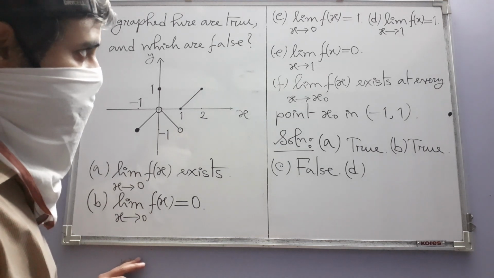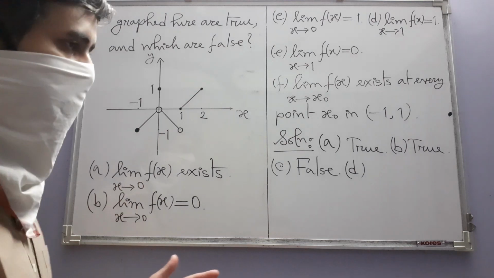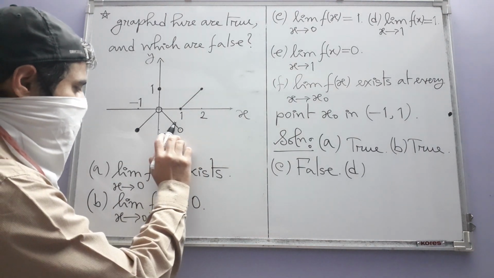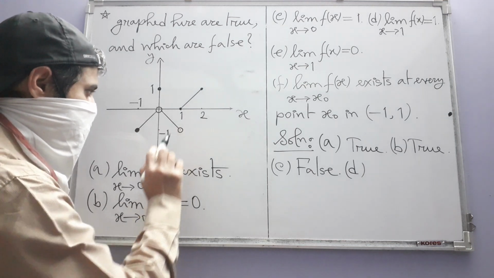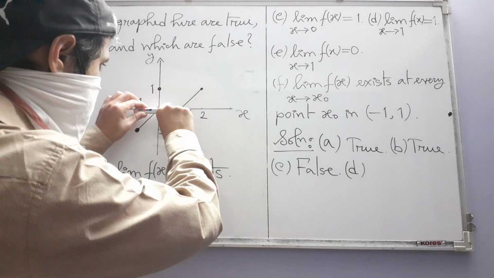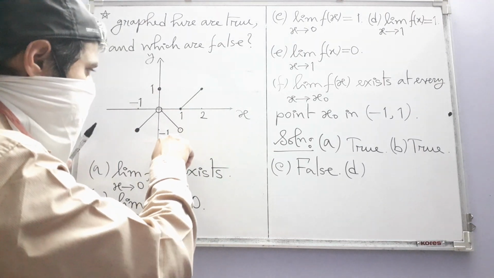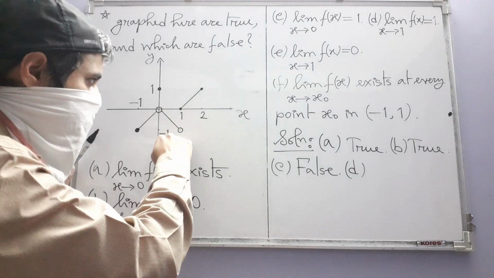Does the limit exist? Here x is approaching 1. That can happen in two ways, either from the right side of 1 or from the left side of 1. Now as x approaches 1 from the left, the f of x value actually decreases, and in the limit it reaches -1.